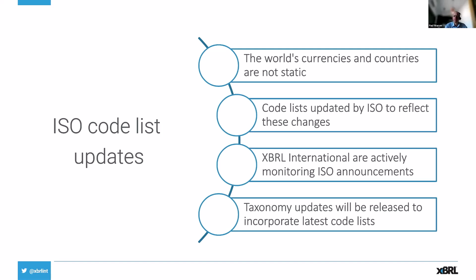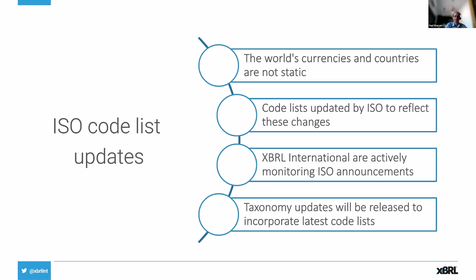We actively monitor these ISO announcements of these changes, and we have committed to updating the taxonomies in a timely manner. Our target is within 30 days of the ISO change coming into effect to update our taxonomies. So if you adopt these taxonomies into your taxonomies, you can have confidence that updates will be available in a timely manner.